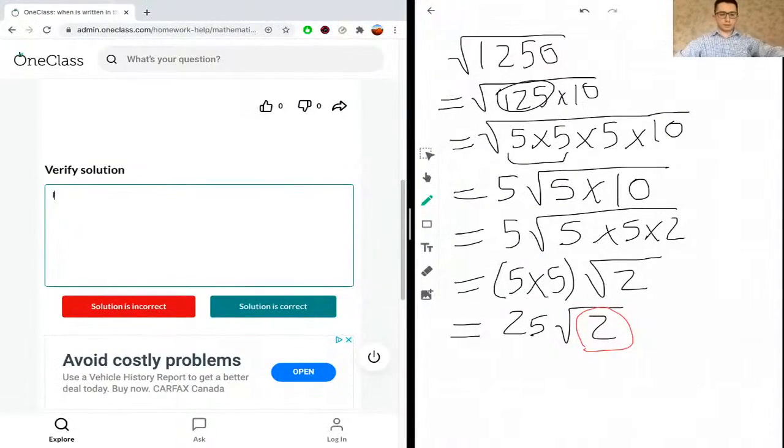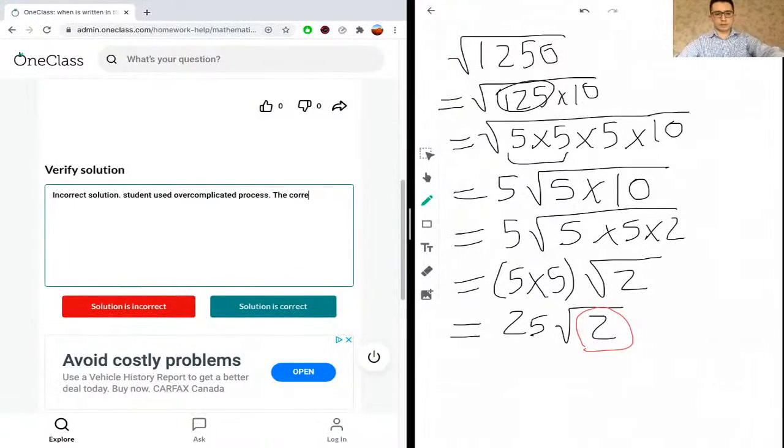So incorrect solution. Incorrect solution. Student used overcomplicated process.